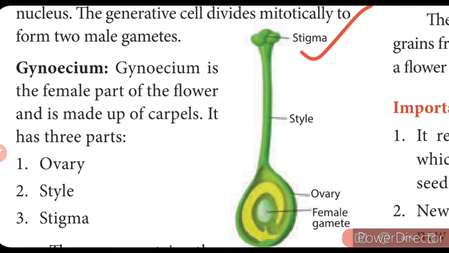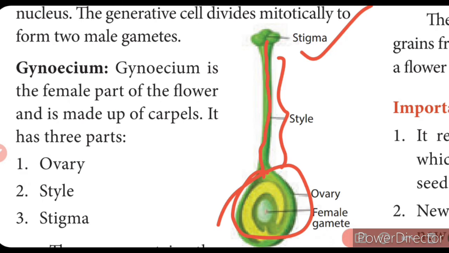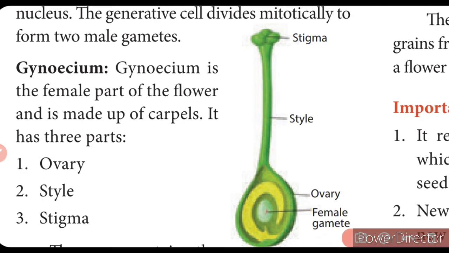The pollen grains from the anther of another plant get deposited on the stigma, and inside is the pollen tube. The complete outermost filament-like structure is called the style. Here you have a bulge-like structure called the ovary. Inside the ovary you have the female gametes.